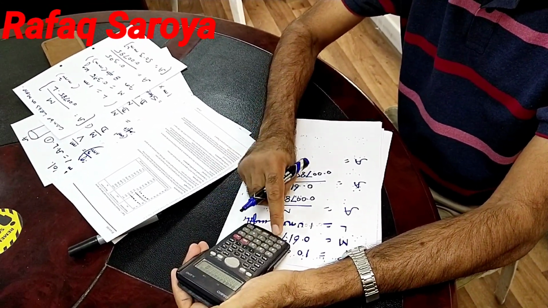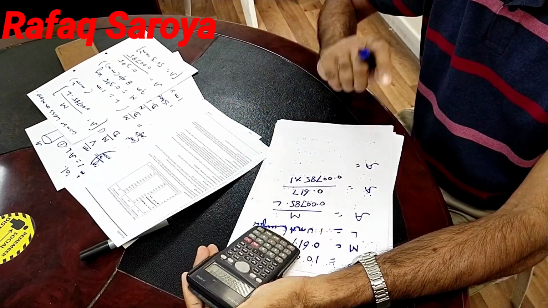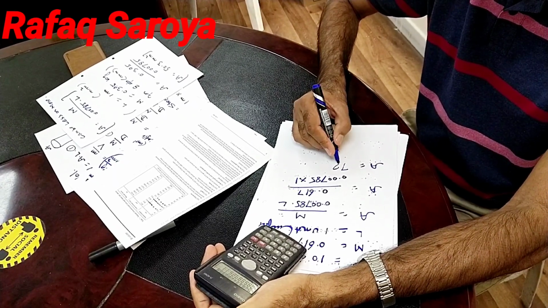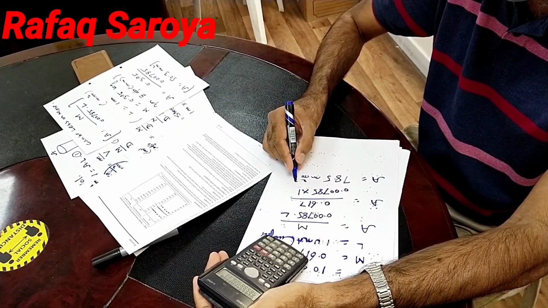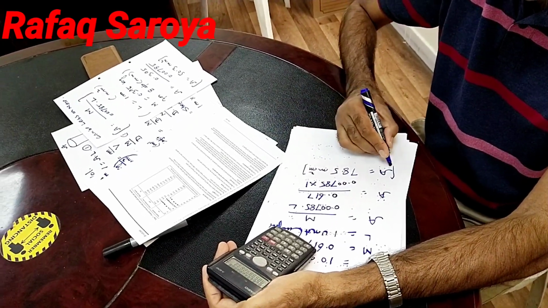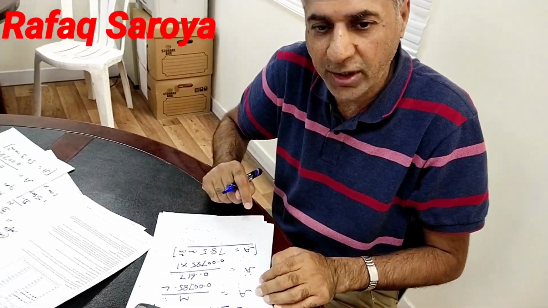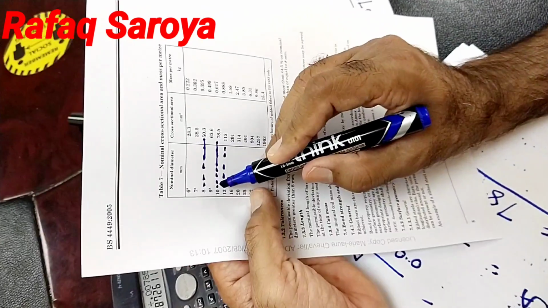0.617 divided by 0.00785. What value comes out to be? 78.5 mm square. Now I compare this value with the value given in the standard. You see, this is the 10 mm.